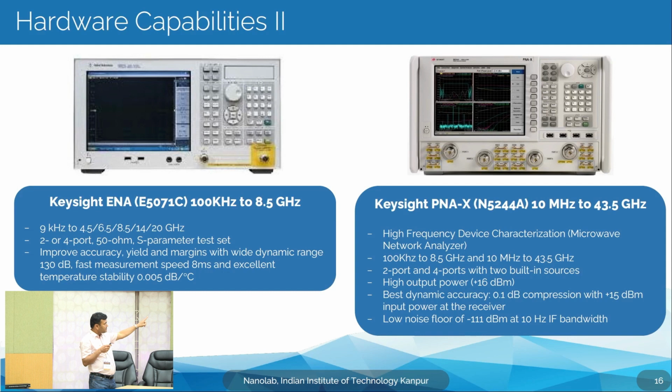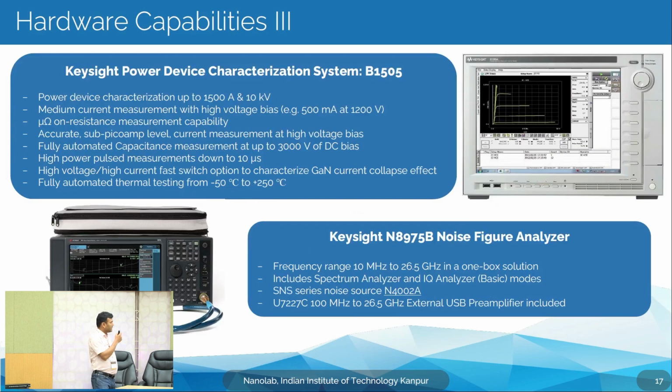This one is especially useful for self-heating characterization compared to the PNAX, which starts from 500 megahertz. That's B1505, especially for the power devices, and this is the noise figure analyzer, NFA, which works in our case up to 26.5 gigahertz.